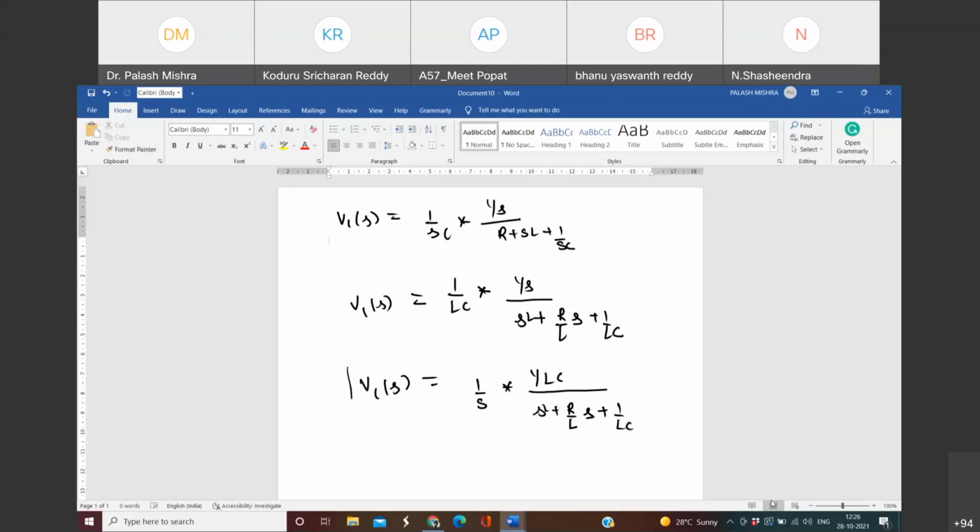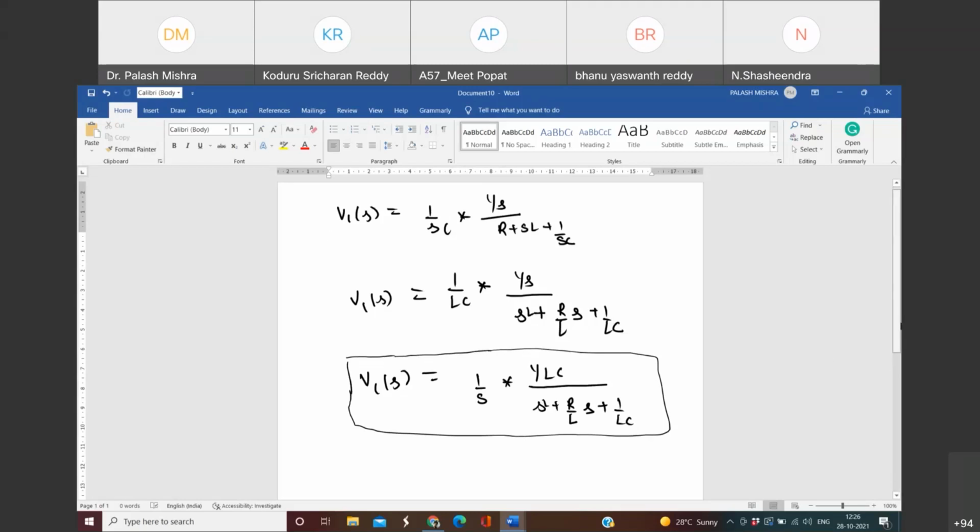This is how the final expression in the Laplace domain for the voltage across the capacitor looks. You have to solve it. This derivation may also come in your exam, so please note it down. Anything can be given.